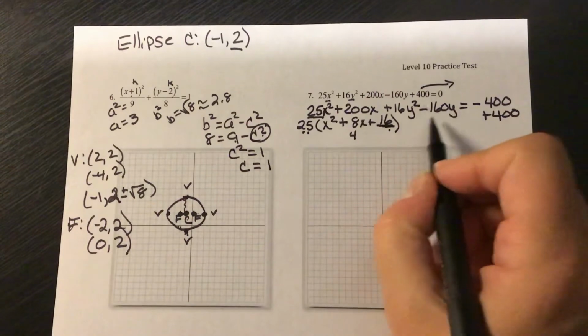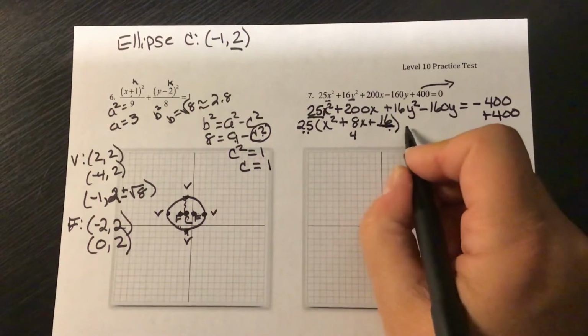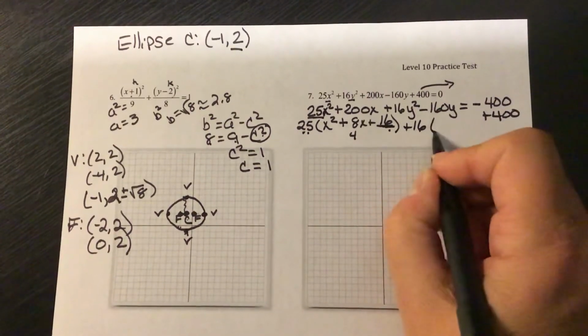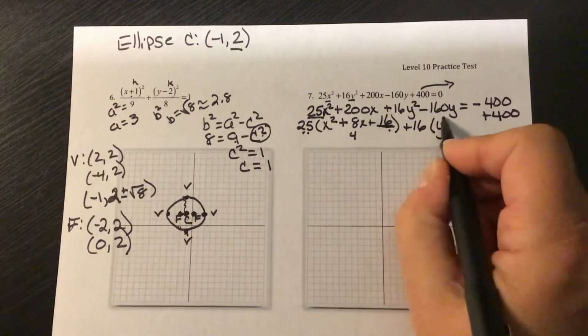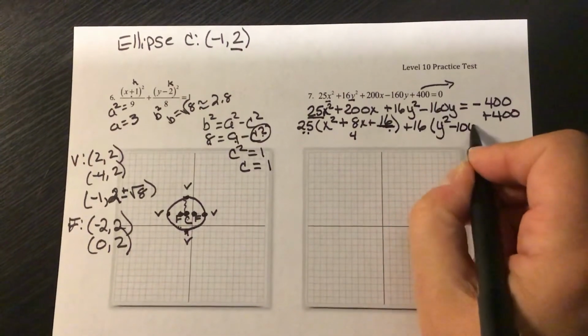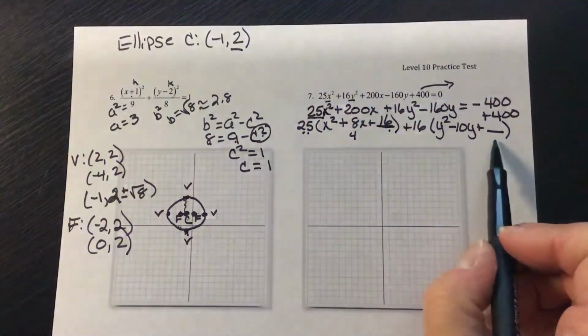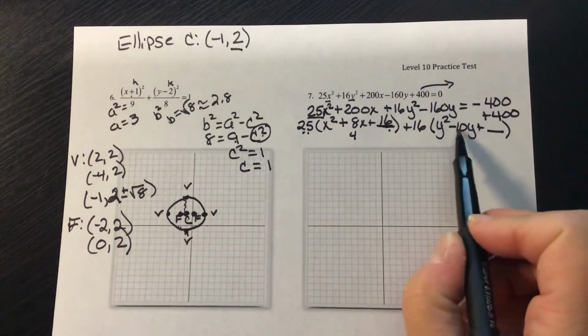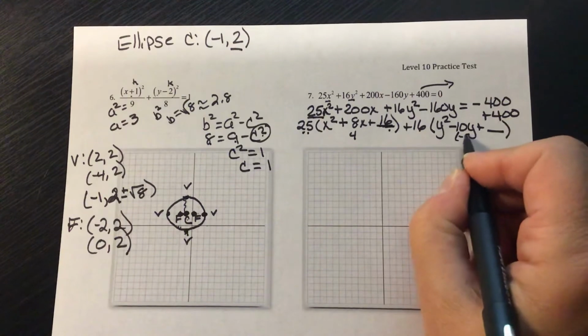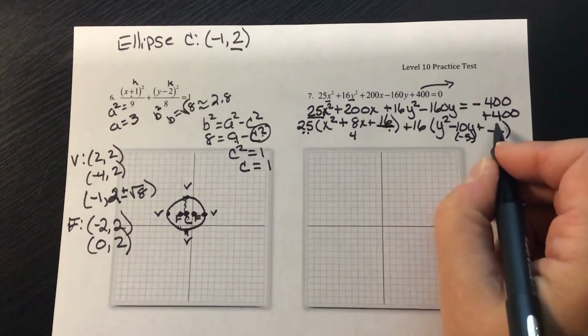For my y's, I'm going to factor out a 16. And I'm going to have y squared minus 10y plus some number. That's the perfect square. Half of negative 10 is negative 5. Negative 5 squared is 25.